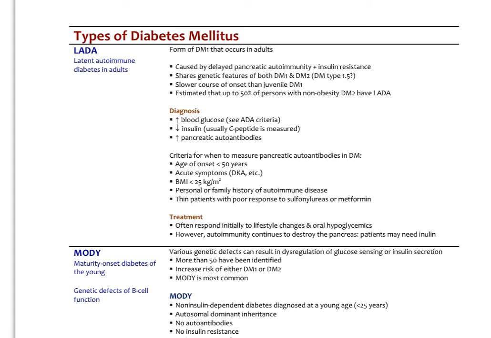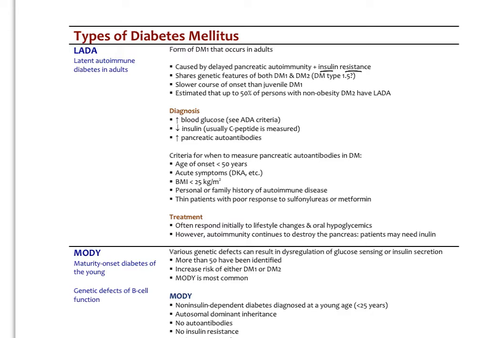I mentioned another type of diabetes, much less common, but we're seeing a little bit more of an increase in this, and some people think that many type 2 patients are misdiagnosed as type 2 when they actually have LADA, which is latent autoimmune diabetes in adults. It's kind of like type 1 that develops more in an adult population. This is caused by a delayed pancreatic autoimmunity, but there's also components of insulin resistance as well.